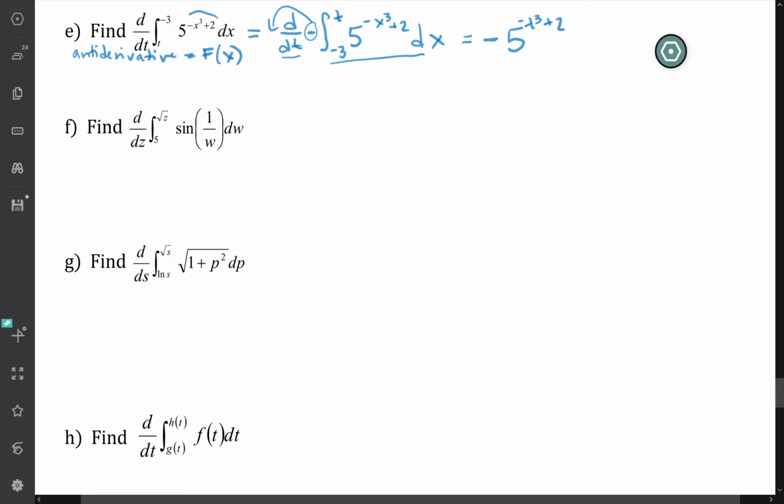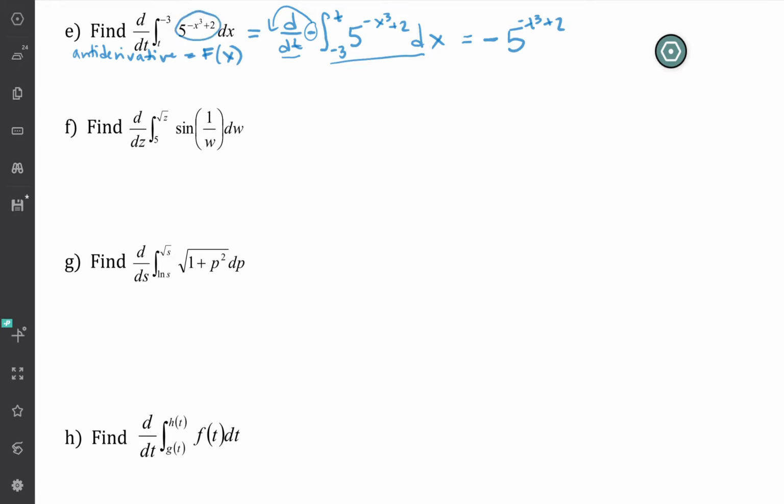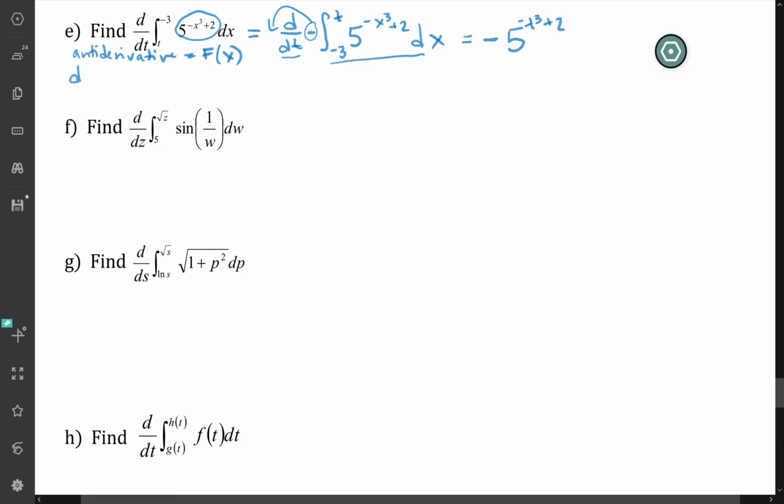So I'm just saying in the usual sense, I would look at 5 to the negative x cubed plus 2. I find an antiderivative for that. It doesn't matter which one because this is going to be a definite integral. The derivative is still hanging out in front, I haven't touched it. I would then evaluate whatever this function is at t and at -3.